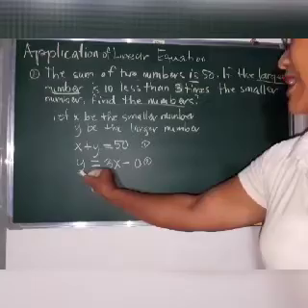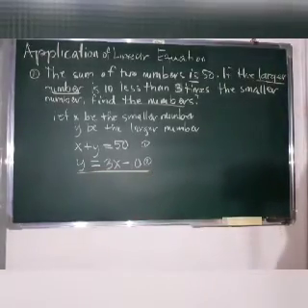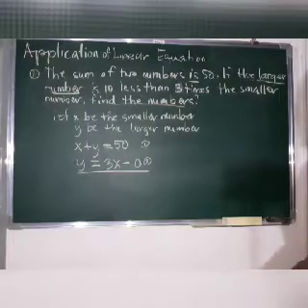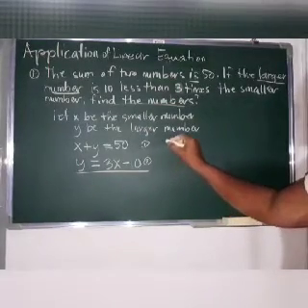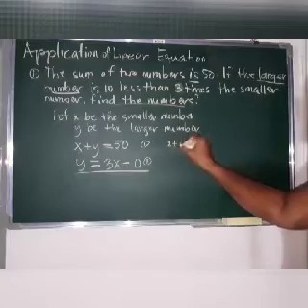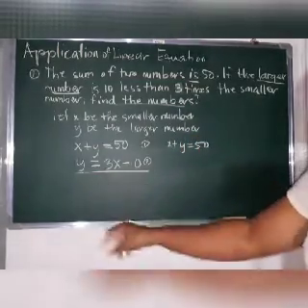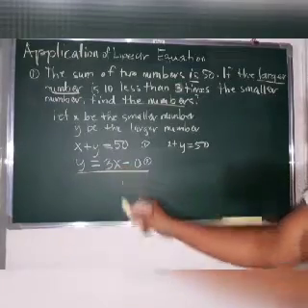Since y is already isolated, we will substitute equation number 2 in equation number 1. Copy equation number 1, x plus y is equal to 50. Then substitute y, which is 3x minus 10.